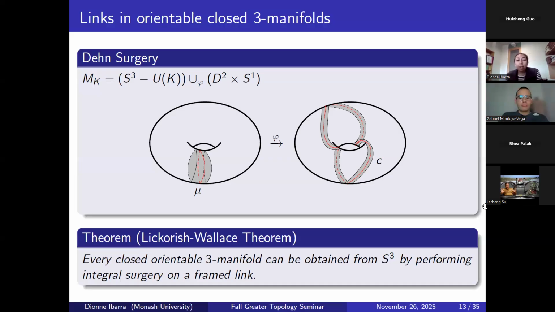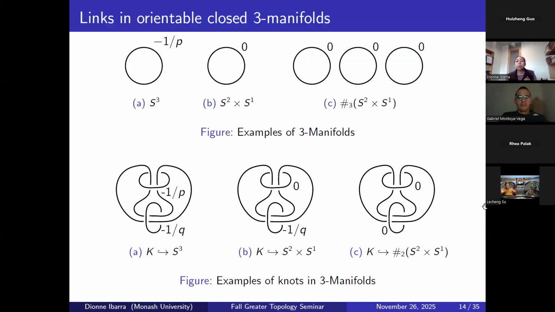So really it's only dependent on p, the number of times the curve goes around the meridian, and it goes around the preferred canonical longitude only once. But as I said, we actually won't really be using that. In fact, I want to give you examples of 3-manifolds in terms of diagrams, and the first example is not integral surgery.